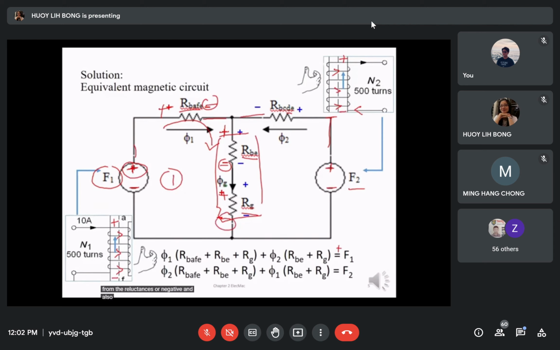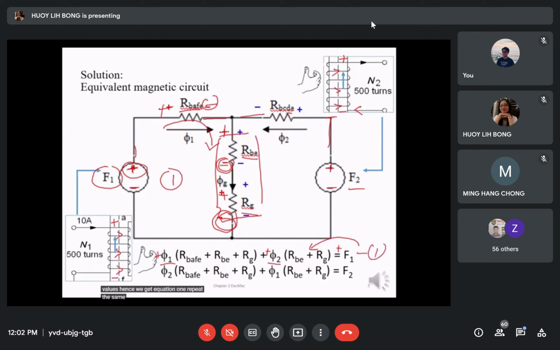And also, for loop 2, flux 2 is also flowing out from RBE and the air gap as negative. Moving the equation to the other side, we will get all positive values. Hence, we get equation 1.